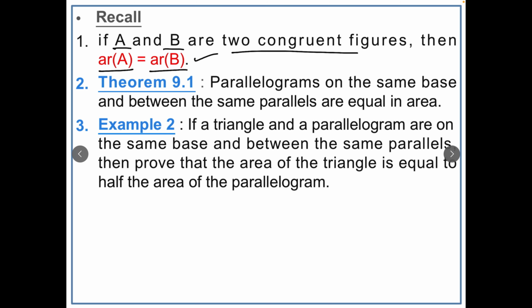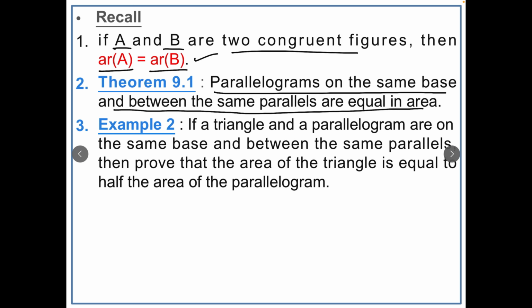We've also studied theorem 9.1, which says parallelograms on the same base and between the same parallels are equal in area. That means if we have two parallelograms on the same base, then their areas are equal.